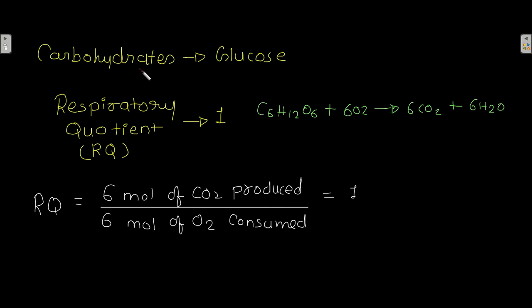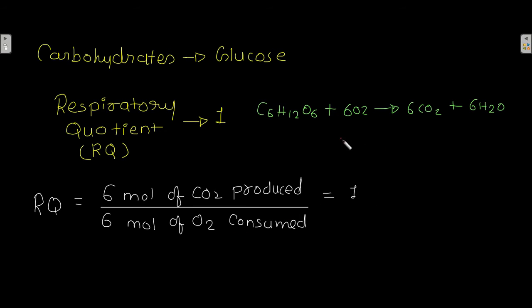Now, for carbohydrates such as glucose, the respiratory quotient is 1. RQ is equal to 6 moles of CO2 produced divided by 6 moles of O2 consumed. That gives you 1.